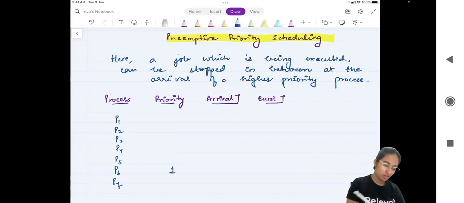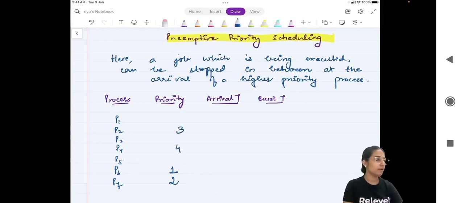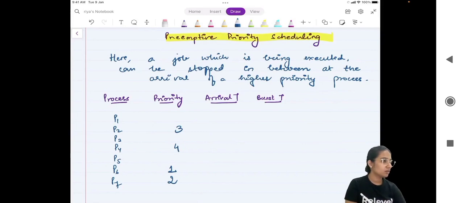Let's keep this with the highest priority, then the second highest priority, then the third highest priority, fourth highest priority, then the fifth highest priority, then the sixth highest priority, and the lowest priority.